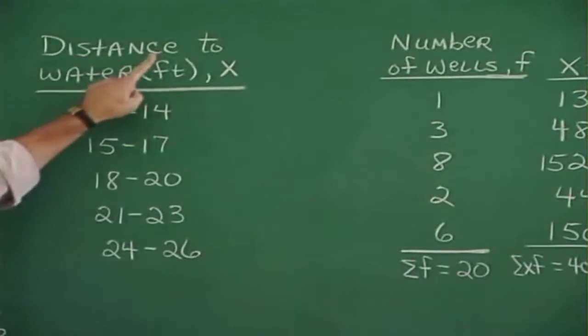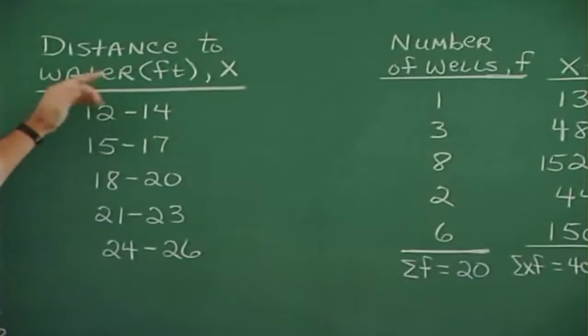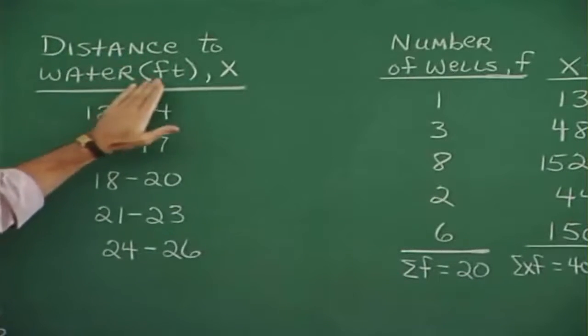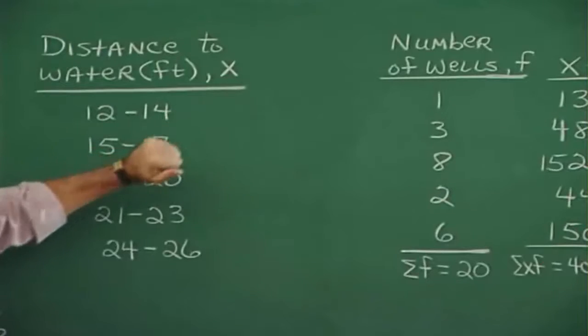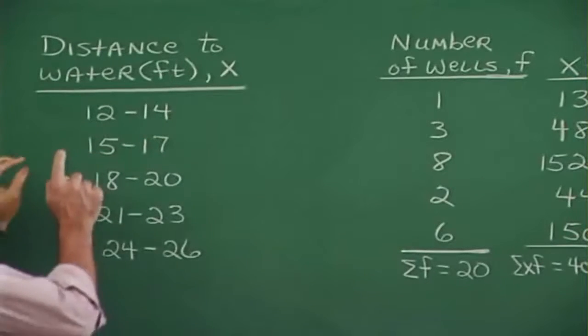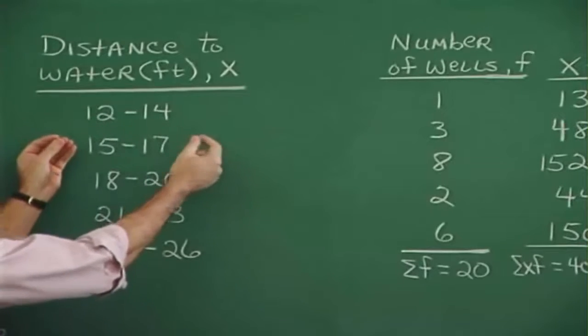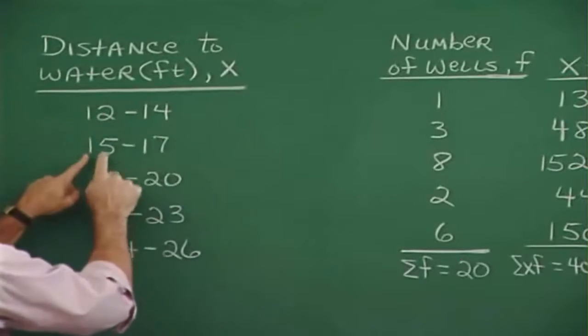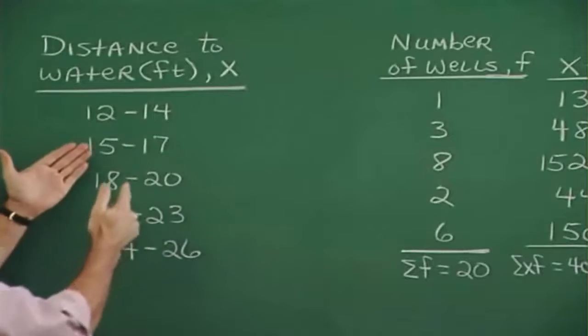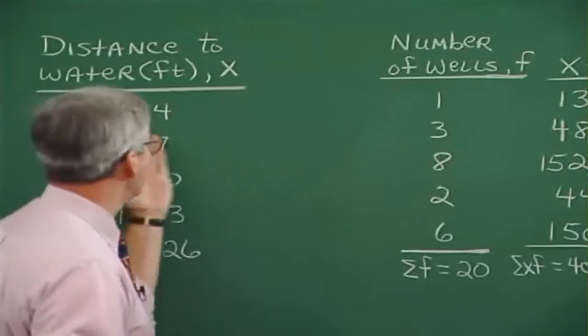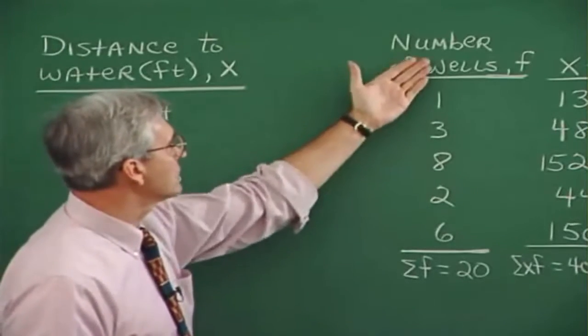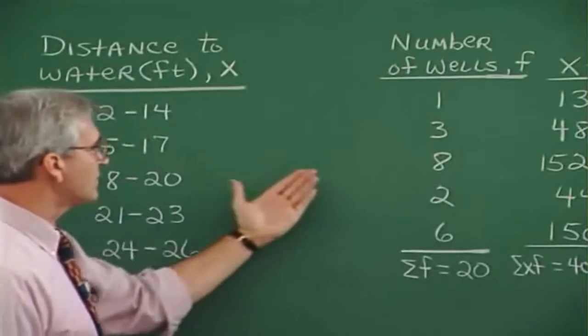Now notice, distance to water, that's distance from the ground to the water level in feet. We'll call these x's. Now this number of feet is kind of an interval, from 12 to 14 feet, from 15 to 17 feet. Now, how many wells fall into each of these categories? Well, here's the number of wells that fall into each of these categories.